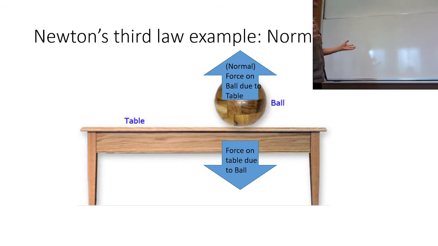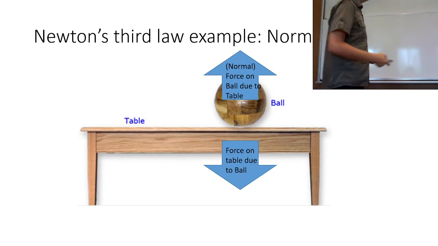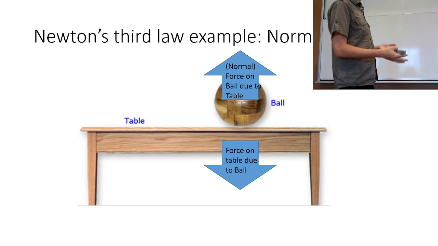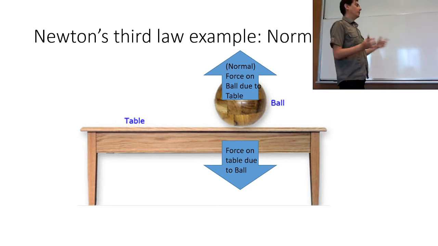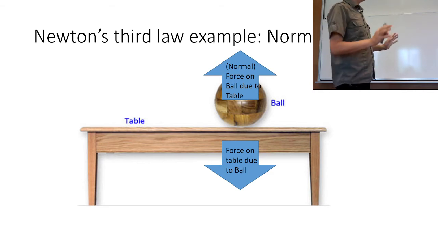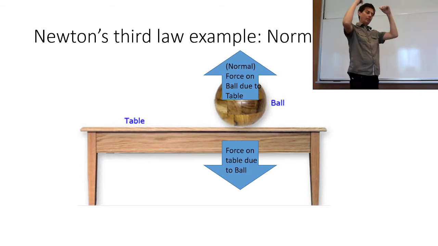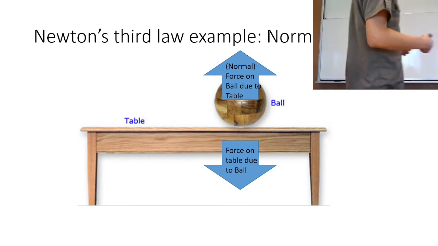So there's a general upward force provided by the table. But of course, from the point of view of the table, there's also a force down exerted by the ball. Imagine yourself there underneath the ball. If it was you instead of the table, then you'd feel that force of the ball provided down on you.